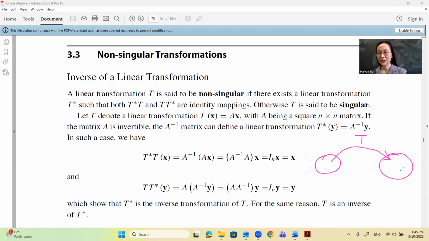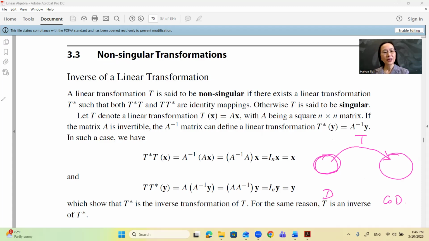This is just a concept drawing, to show that this first circle is the domain of T, and the other one is the codomain of T. So I put domain and codomain for T.